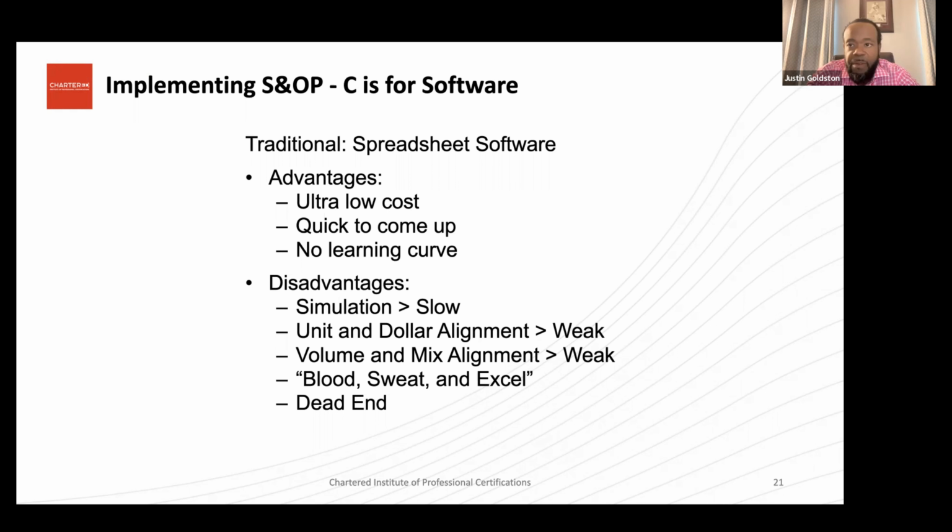I've seen some very clever things done with Excel, but the simulations in Excel are very cumbersome and slow. But again, if you're using Excel, you would be able to effectively implement sales and operations planning. In my opinion, not optimal, but if that's the only tool that you have, it can be done.